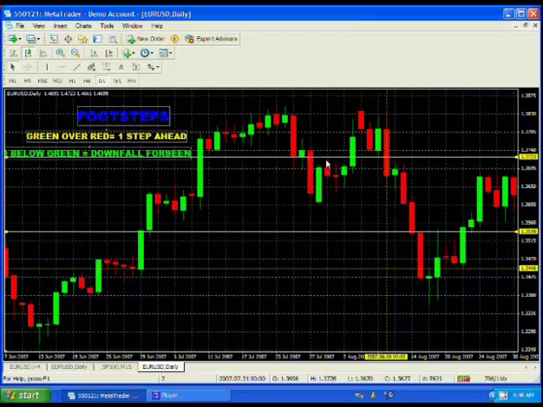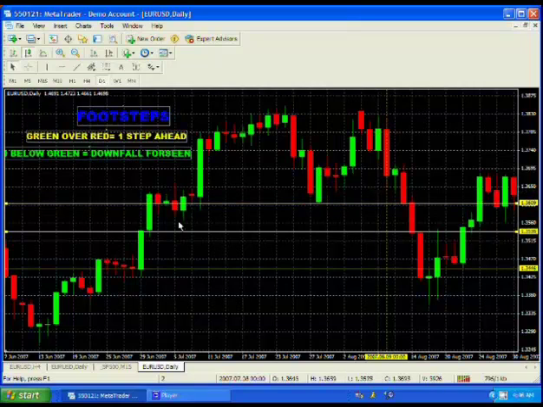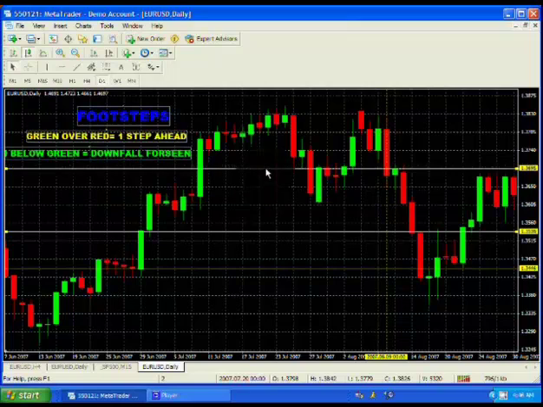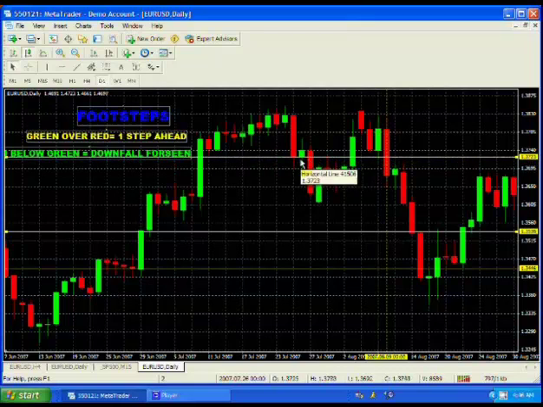So once price came down into mother here, we got slightly down into mother, but we did not close below mother, and we sprang back up. First we closed within the shadow, then we touched and bounced off the real body. This is why I like to enter my trades off the real body, because the real body is where the most buyers are going to be who are now sellers.